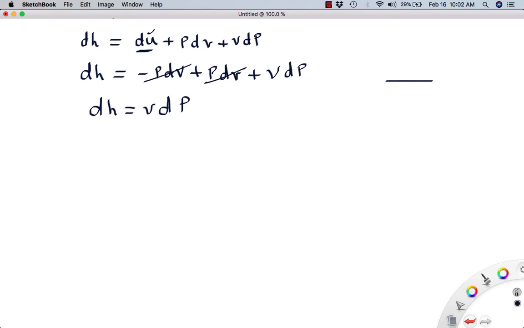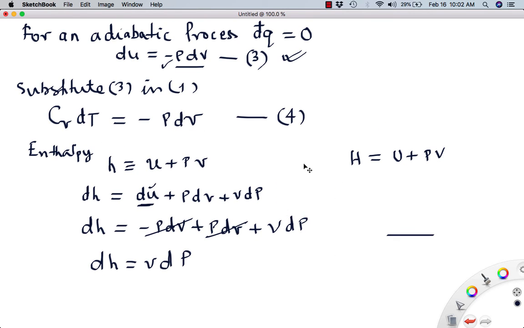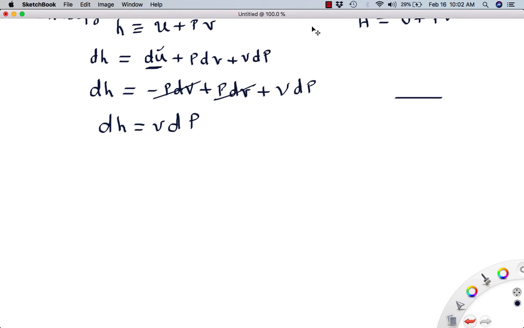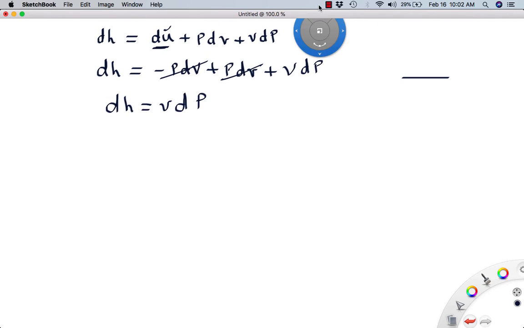So we already have an expression for dH. So here is the expression for dH. dH is Cp dt in equation 2. So we can write that here. So dH is Cp dt is equal to V dP. Okay, let's call that equation 5.